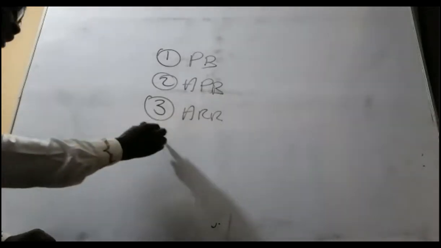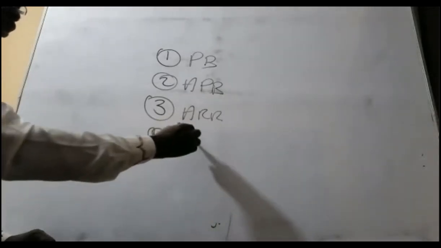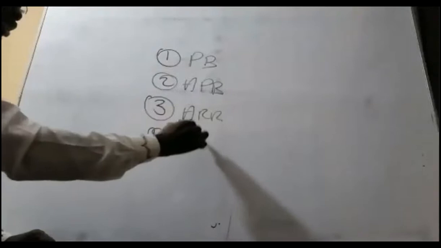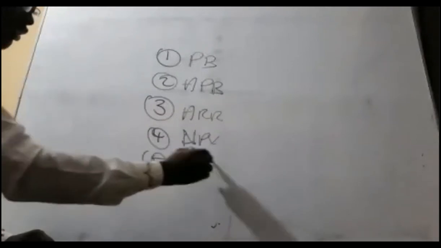If by then we are done with NPV, I'll add NPV to it, making it 4. If you're able to do this, then you should be fine. These are the methods.